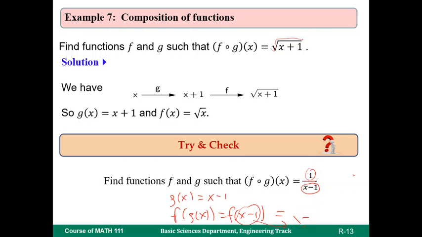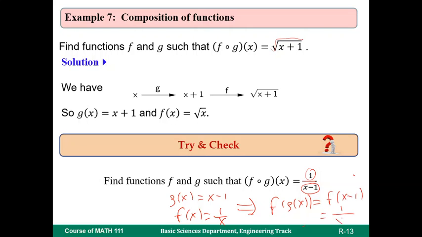So it's better we say the function f here is 1 over x. Then f of g of x is equal to 1 over x minus 1. It satisfies it. So this is the answer.